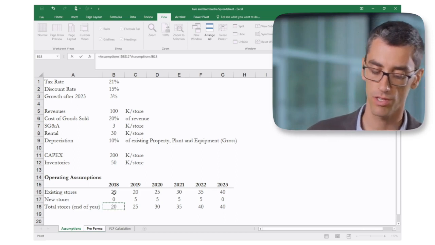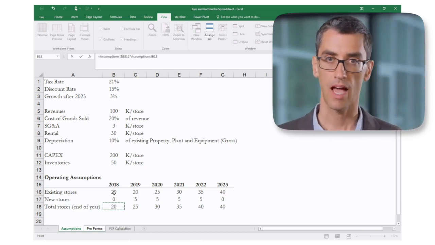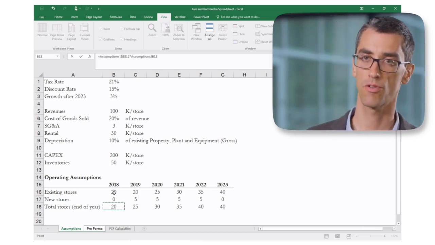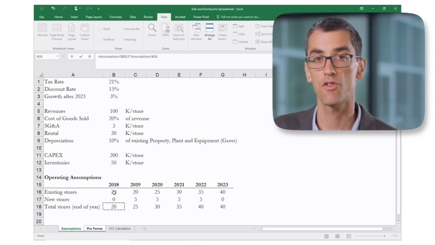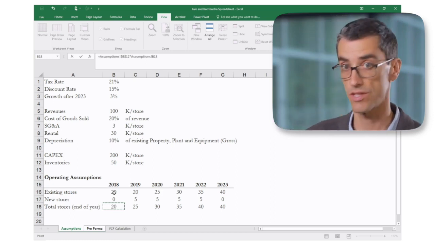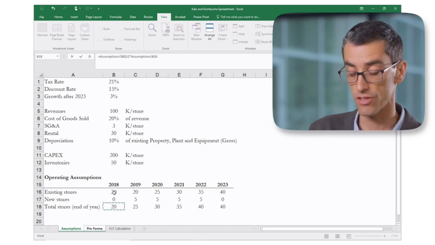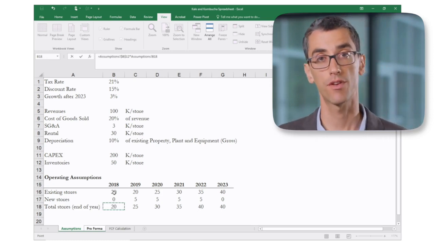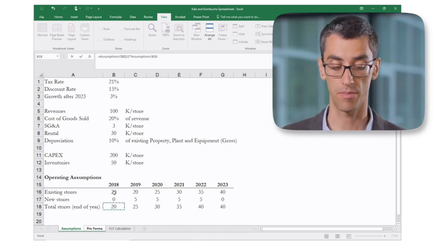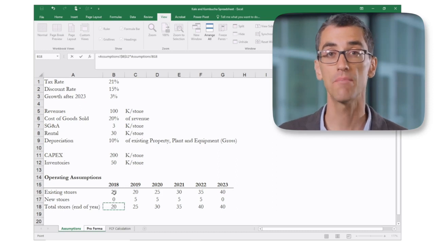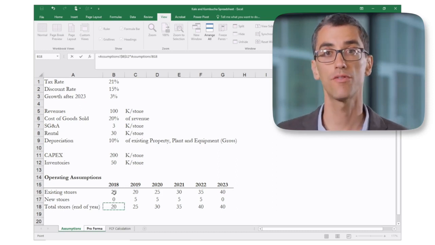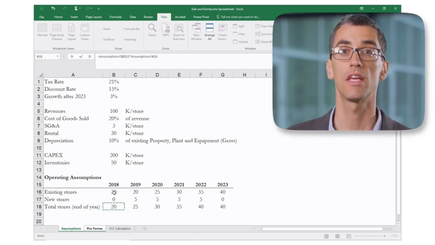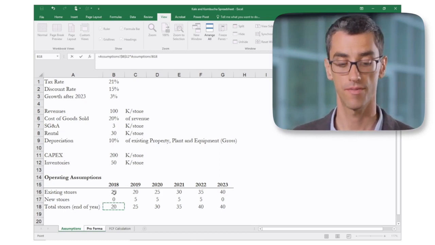The way I want to adopt here is I will assume that if I'm building out a store, I want to have it ready to go when it's done. And it's going to be ready to go on December 31st of the year in which it is being built. That means it has to have all of the inventory in it in order to operate.